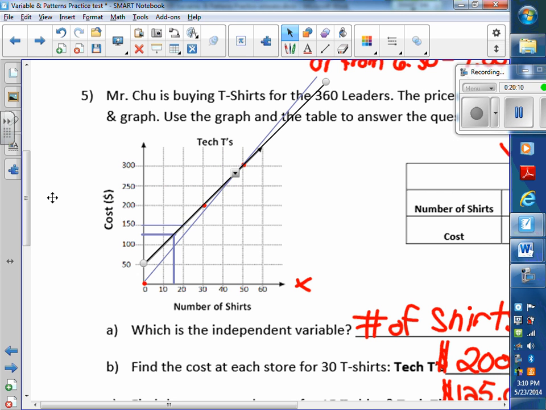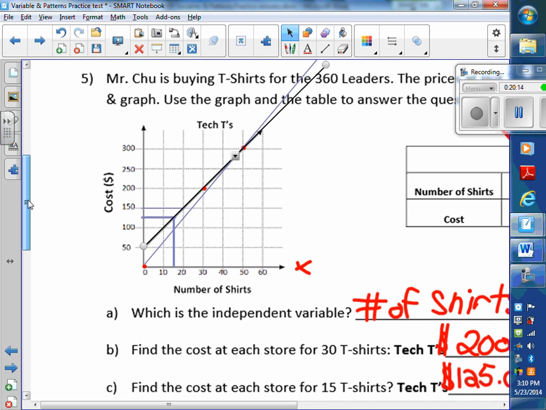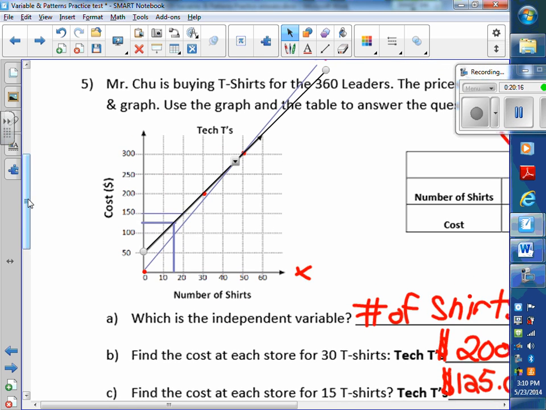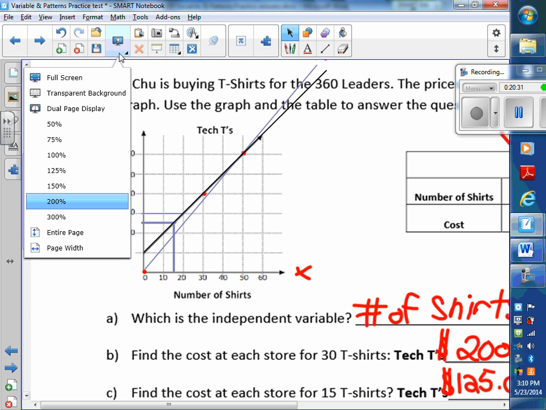So what's the answer? Well, it's Hot Tops until it gets to 50 shirts. Hot Tops, the light blue line, this one here that I'm moving, it's cheaper until you get to 50 shirts. At 50 shirts, it's the same. And if you buy more than 50 shirts, the black line's cheaper because it's lower. Kind of like our go-karting question.